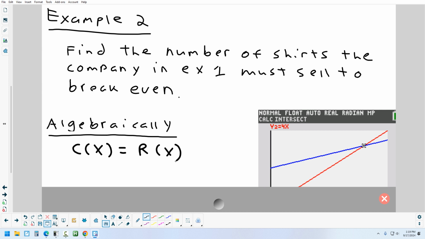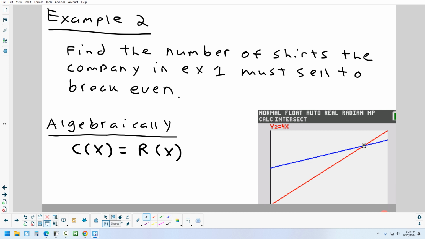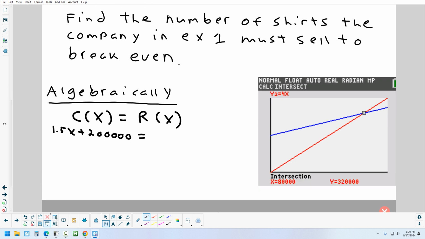What was the formula that we had for cost again? 1.5x plus 200,000. Right? And what was the formula for the revenue? 4x. Okay, so subtract 1.5x to the other side.